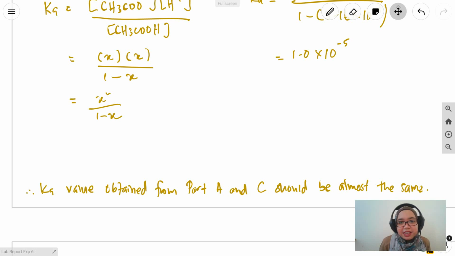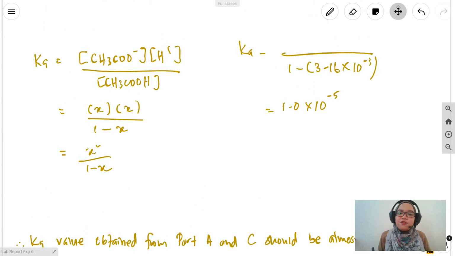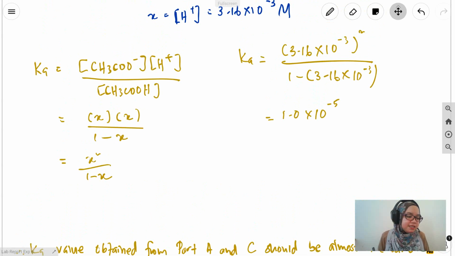So, the Ka value for acetic acid is constant and does not depend on the molarity. Okay, so you already get the Ka value for acetic acid is equals to 1.0 times 10 to the power of negative 5. Okay, so that is all for the calculation for exercise question 1 and 2.